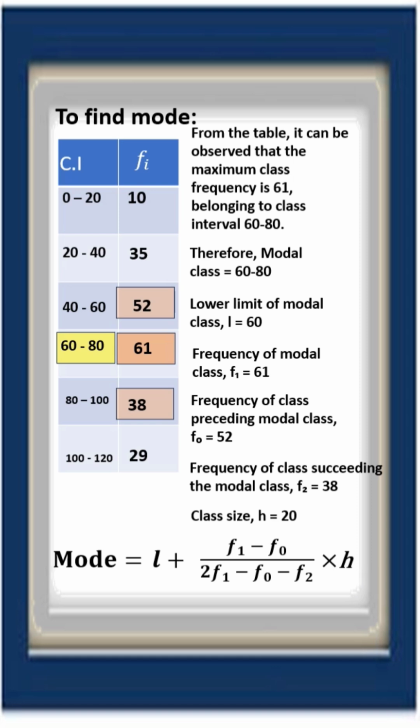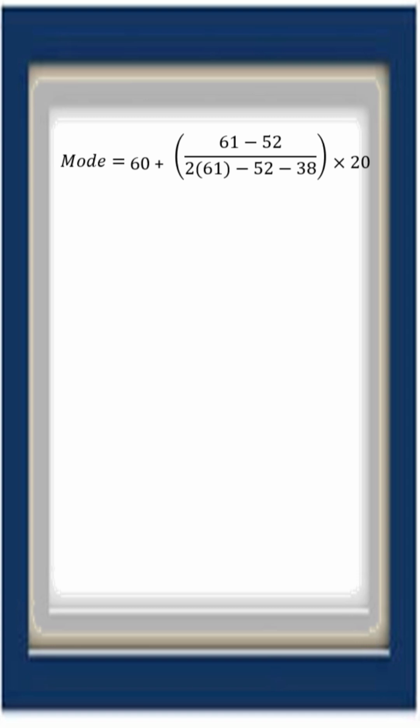Now let us substitute the values. L is equal to 60, f1 is 61, f0 is 52, f2 is 38, h is 20. So mode is equal to 60 plus 61 minus 52 upon 2 into 61 minus 52 minus 38, into 20.